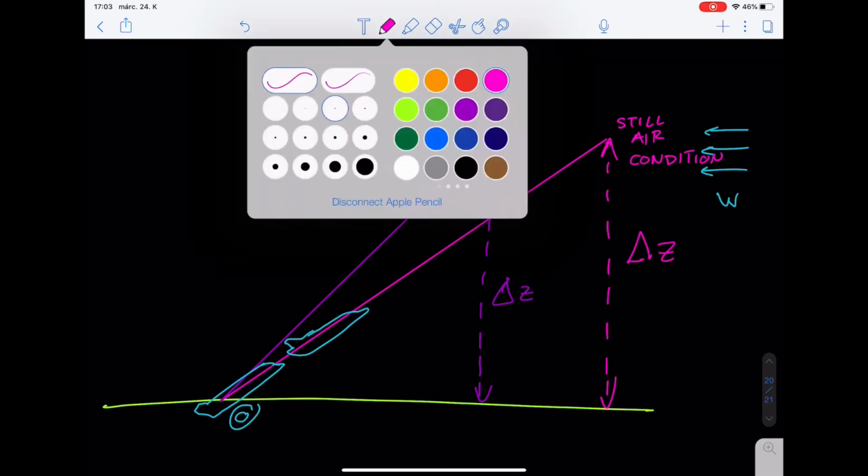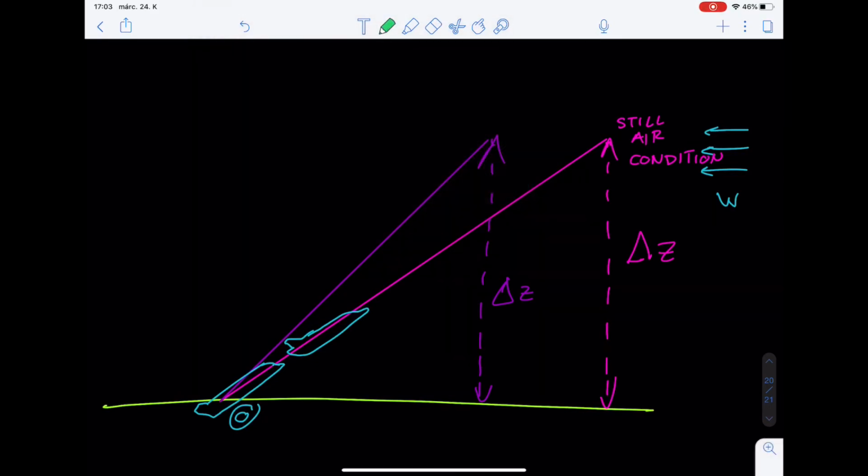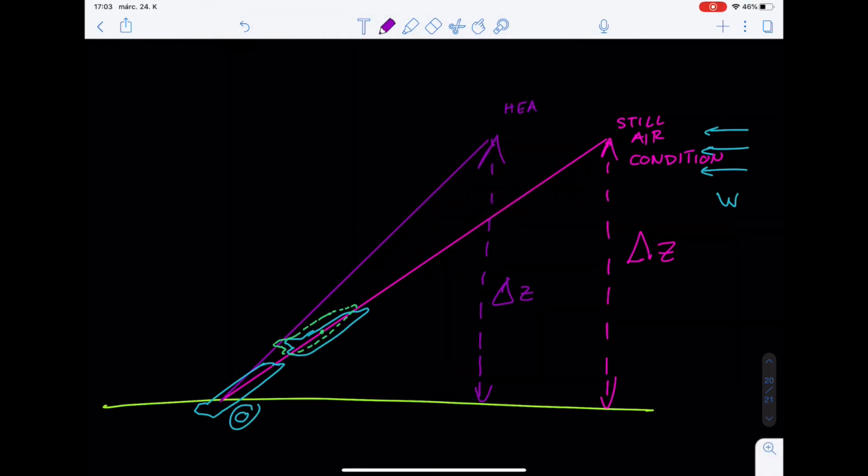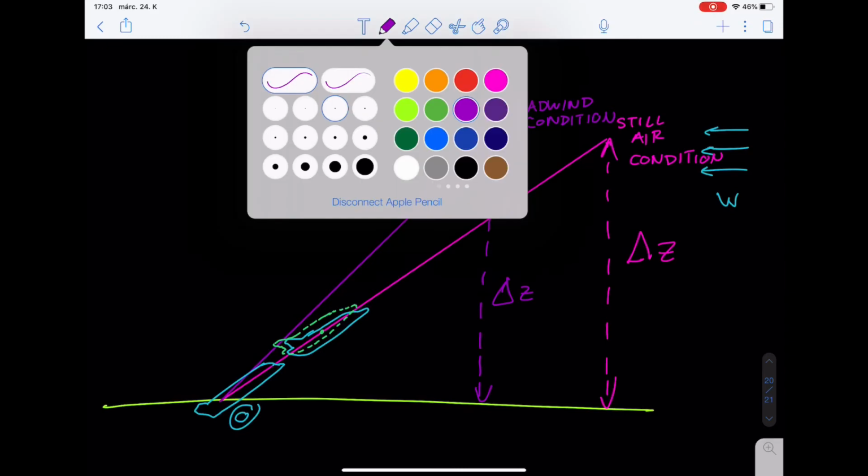However, because there's a wind, the aircraft at this time frame is going to be a bit rearward of the initial one, of the no wind condition, because this one is the headwind condition. It's going to be blown back a little bit by the wind.